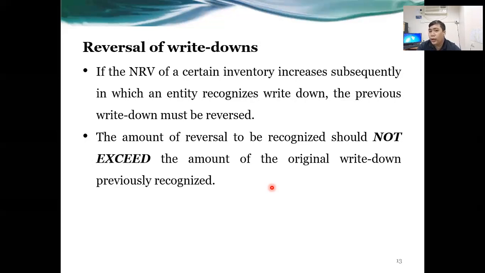Kaya ang natabo sila do reversal yan. Pero may mga books na da-increase pero mas galapaw sila sa piso yan. Pero mas stick ko siniya nga definition, especially kay Valix. Okay? The amount of reversal to be recognized should not exceed the amount of the original write-down previously recognized. Okay? Kaya ga-correspond sa dayon sa atong ginatawag na conservative approach.